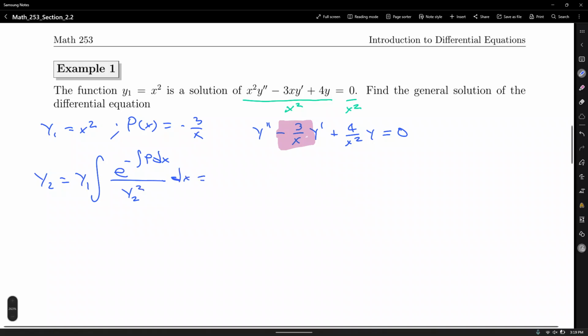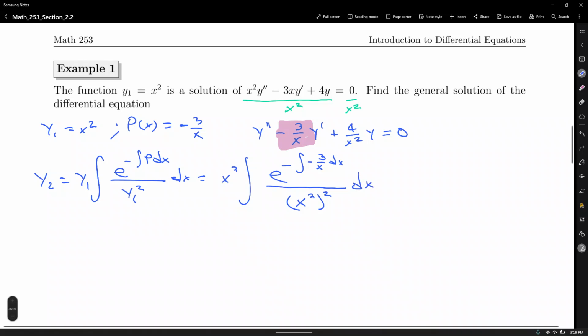This means y sub 1, which is x squared, times the integral of e to the negative integral of negative 3 over x dx, everything divided by y sub 1, which is x squared, quantity squared, dx.